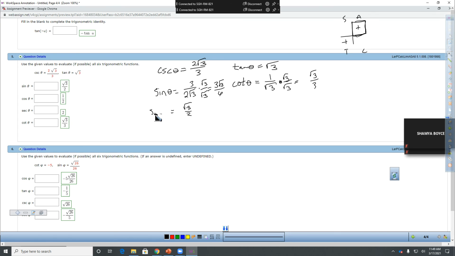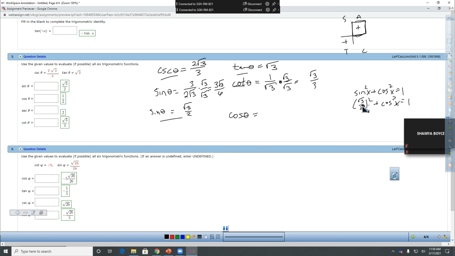So we've got sine, we've got cosecant, we've got tangent, cotangent. Now we've got to figure out cosine. Is there information here to find cosine? Well, what we know is sine squared of x plus cosine squared of x is equal to 1. If we know sine is the square root of 3 over 2, then the square root of 3 over 2 squared plus cosine squared of x is equal to 1.